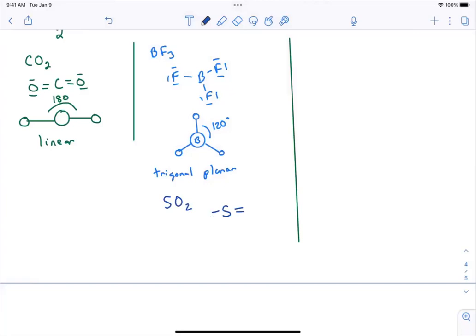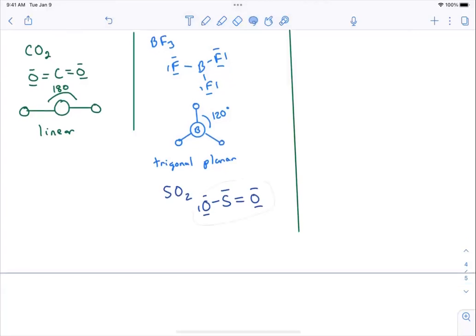Actually, for standard level, it'll be like this. SO2 kind of has a variety of different shapes, but this is fine for us. Now, if the S is in the middle, then one of those charge centers that was a bond originally is now a lone pair.